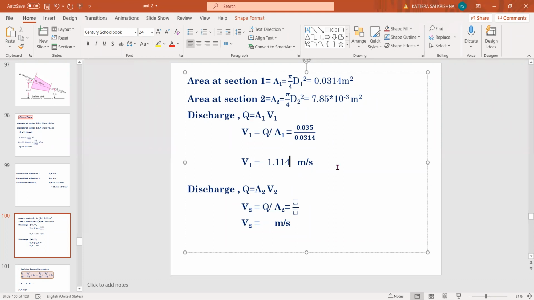Okay, right. So we got V1. Now find V2 by using again discharge is equal to A2 V2. From that, V2 is equal to Q by A2. The Q value we already have, 0.035 by A2.